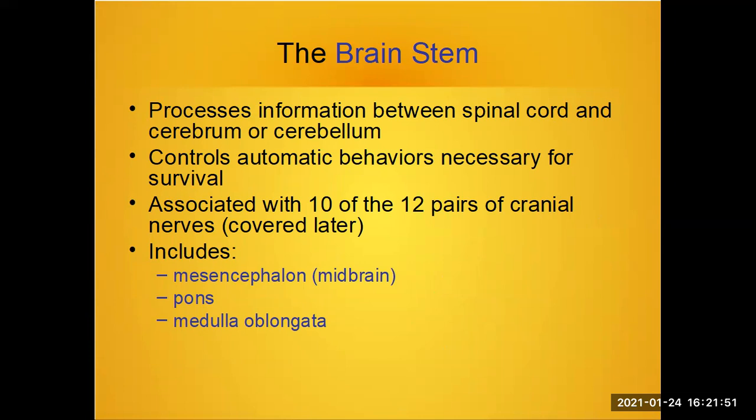The brain consists of three large principal parts: brainstem, cerebellum, and cerebral hemisphere. The brainstem is the oldest part of the brain and contains medulla oblongata, pons, and part of the midbrain.